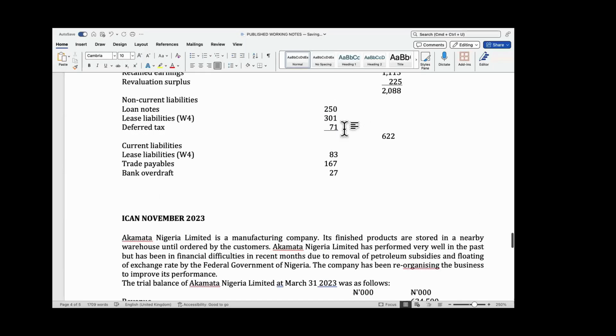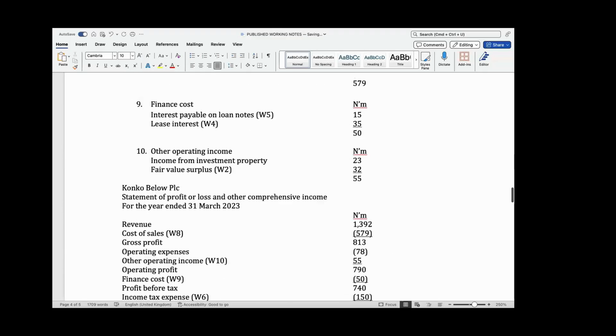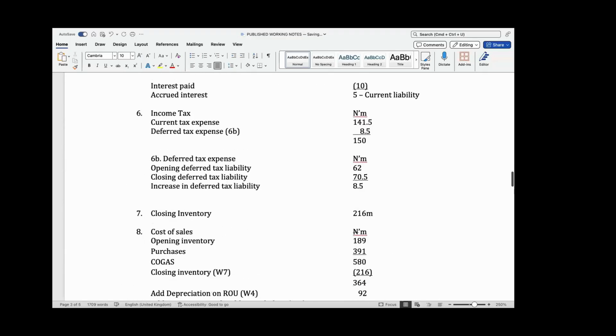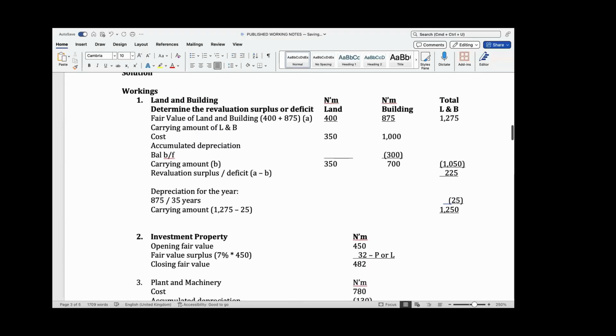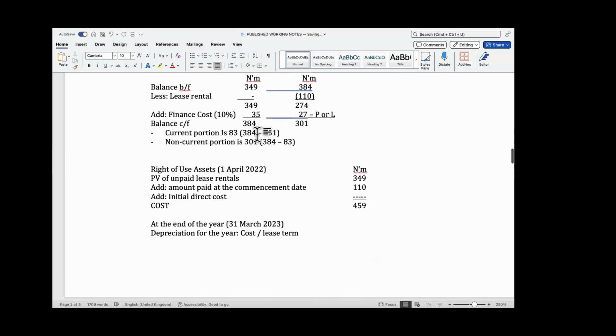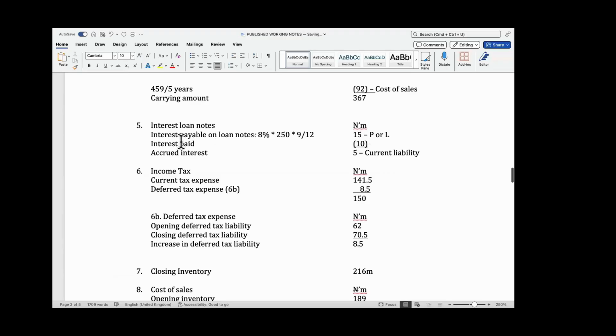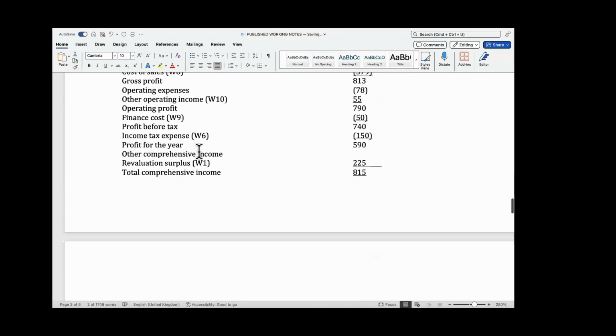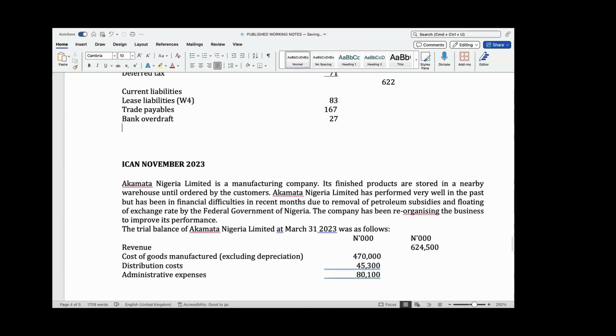Okay. Are there any other items? Yes. If I check my workings, I've included this lease liability. We have interest of 5. We also have current tax expense.